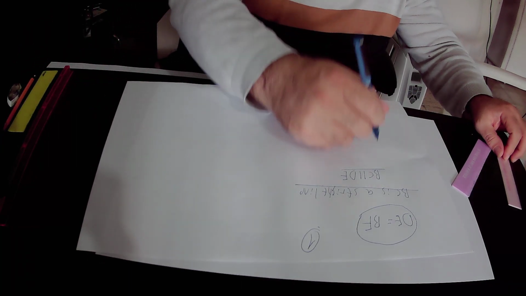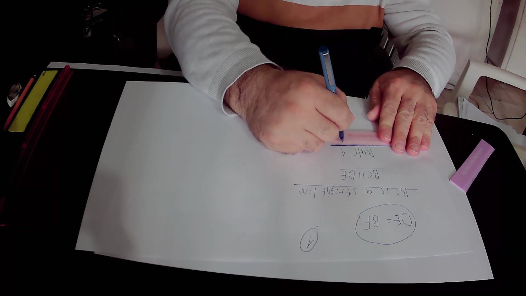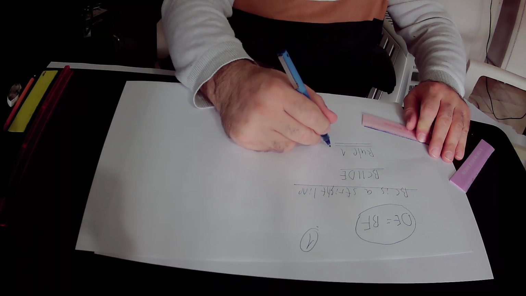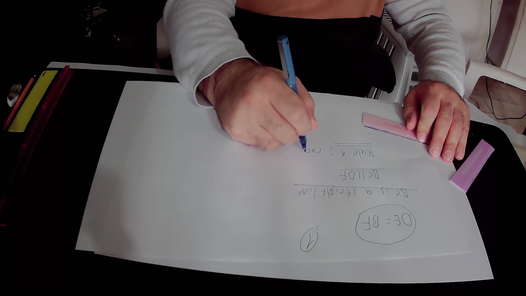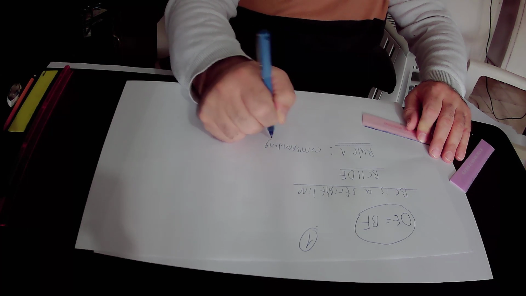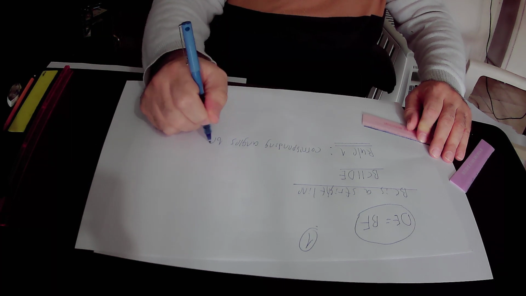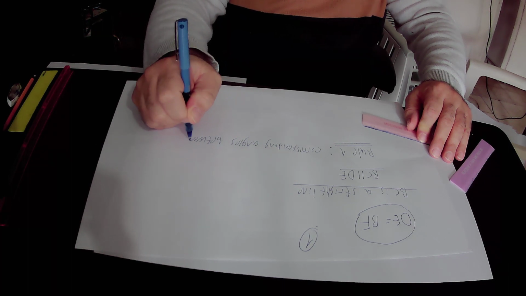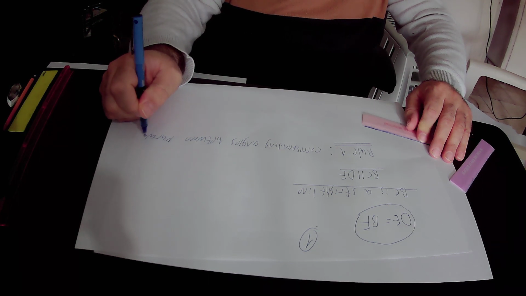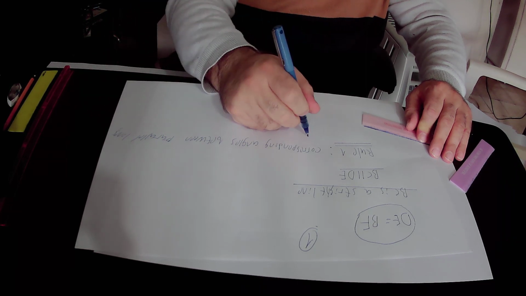According to rule number 1, corresponding angles between parallel lines are equal to each other. I write it down. Corresponding angles between parallel lines are equal to each other.